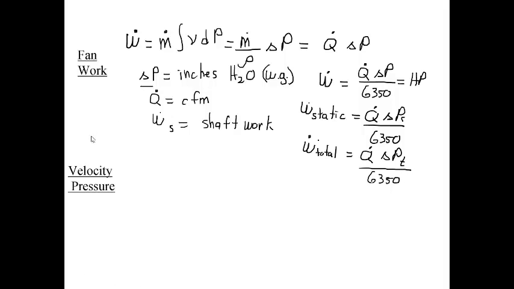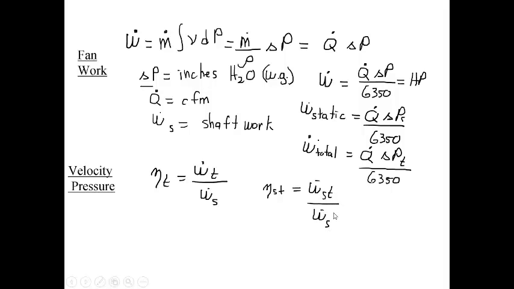Okay, so if you're looking at efficiency, the total efficiency is going to be the total work that you get out of the fan over the shaft work, and the static efficiency is going to be the static work over the shaft work.